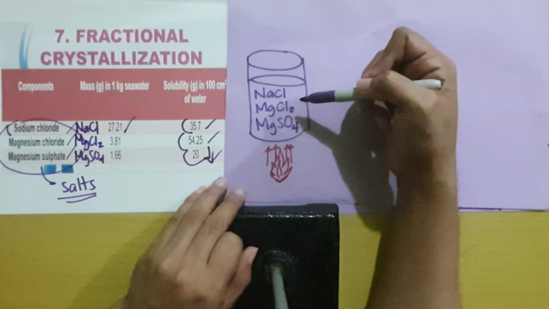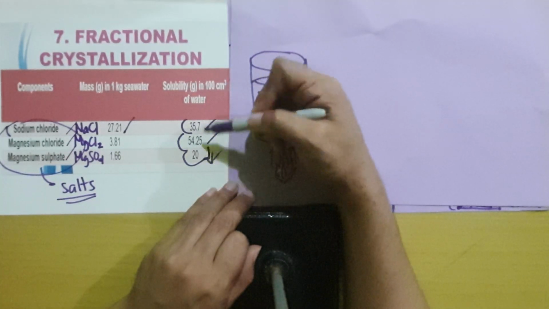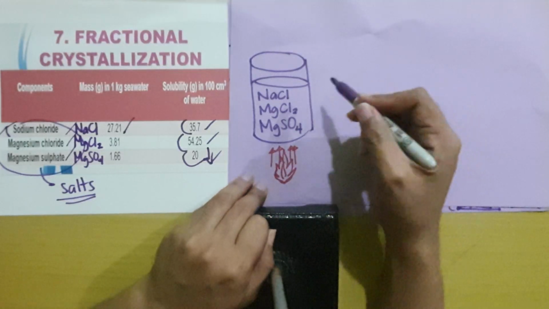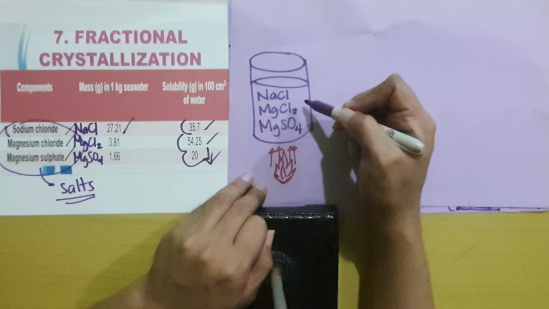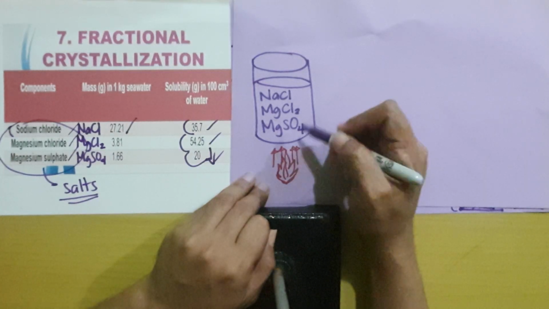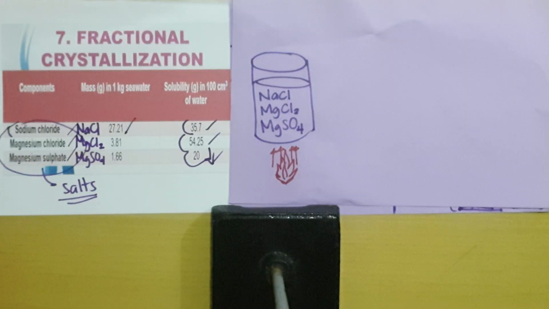Note that these three types of salts have different values of solubility. Note that this seawater was actually subjected to a very high temperature, so we have the presence of heat in this example.